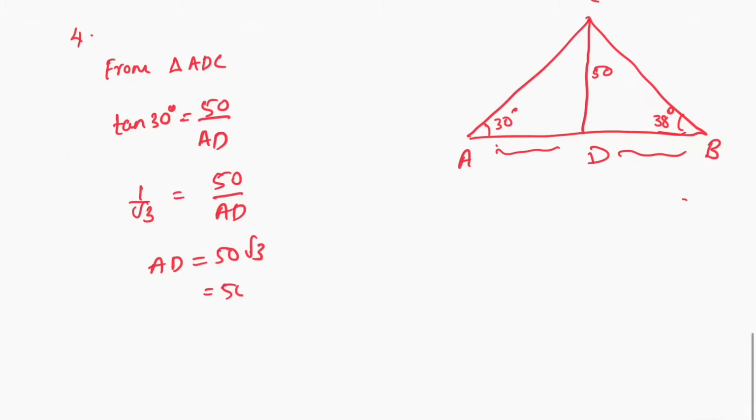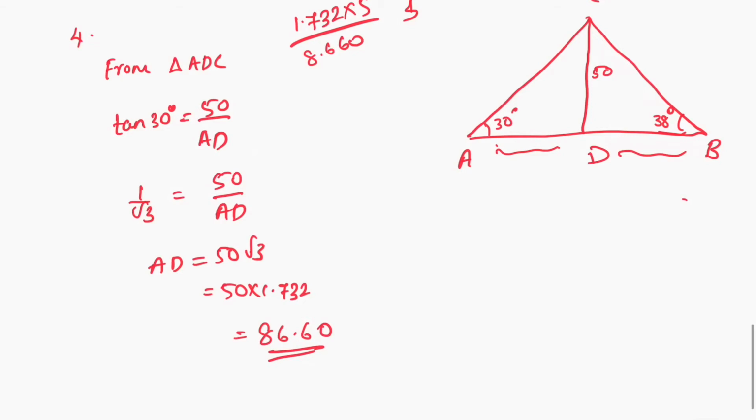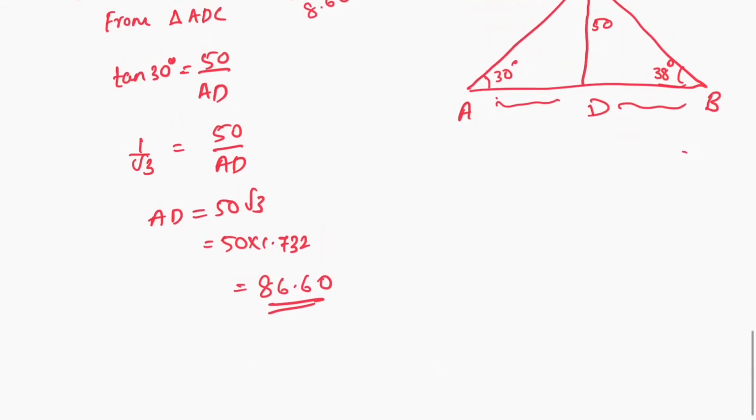That is equal to 50 into 1.732. 1.732 into 5, you will get it as 10, 5 3s are 15 plus 1 is 16, 5 7s are 35, 35 plus 1 is 36, 5 1s are 5, 8. So you get it as 86.60.